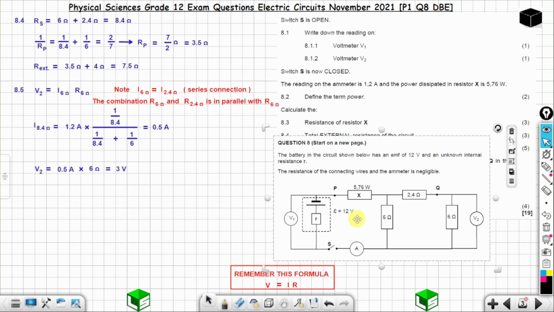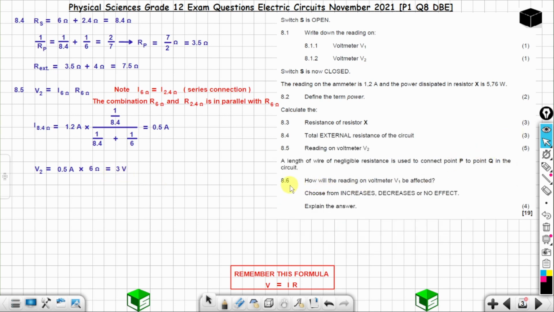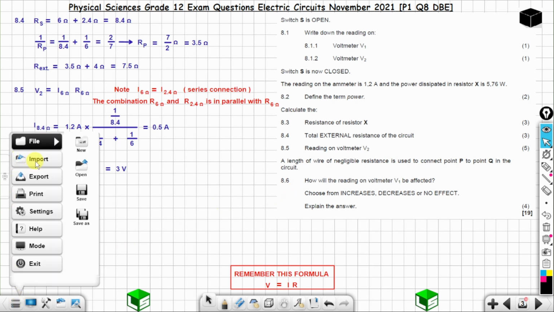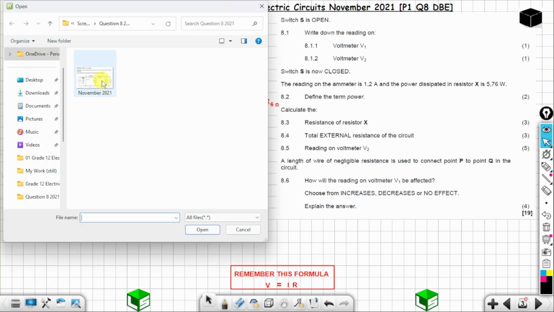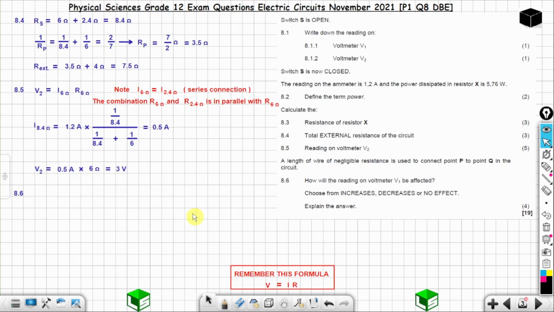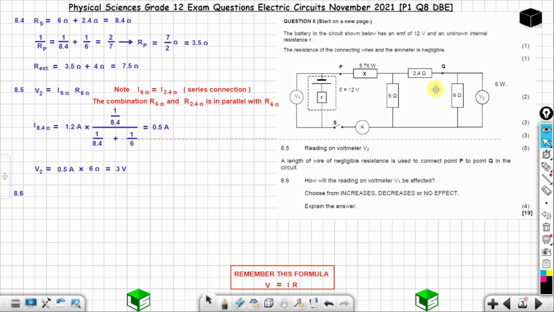Now question 8.6. Let's get the question again. You are told a length of wire of negligible resistance is used to connect point P to point Q in the circuit.